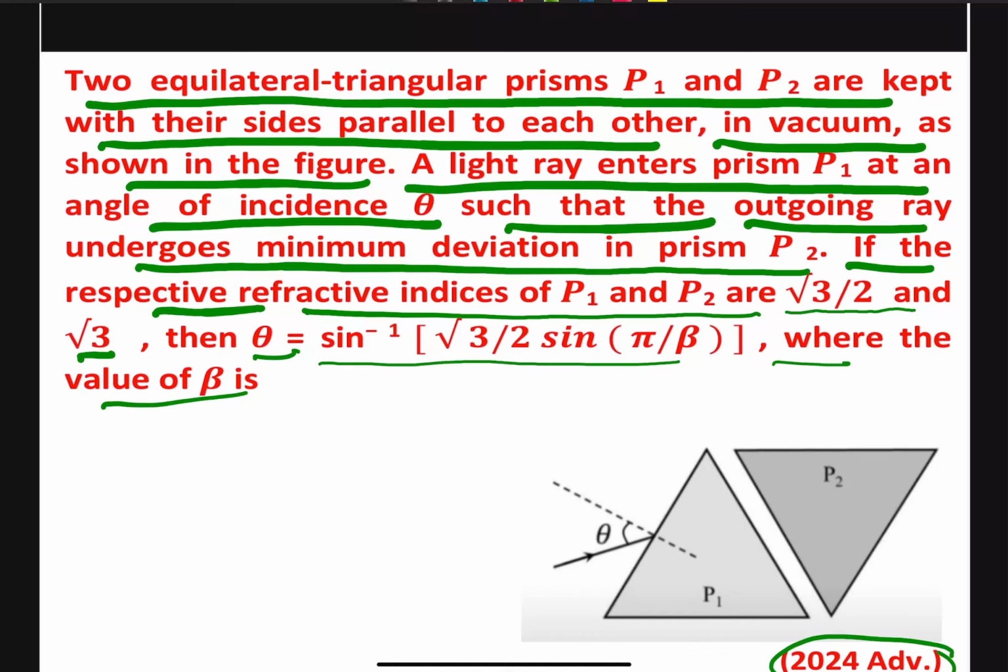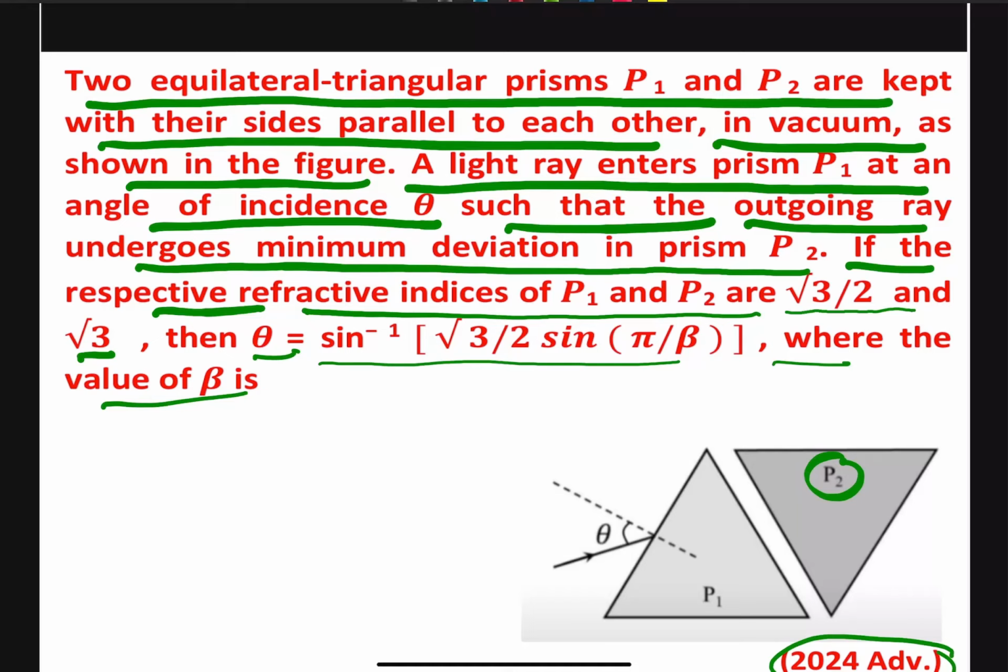And here we have to remember one thing, that for the minimum deviation which is taking place in the prism P2, the refracted ray will be parallel to its base. Okay, and these are the equilateral prisms, so all angles will be equal to 60 degrees.